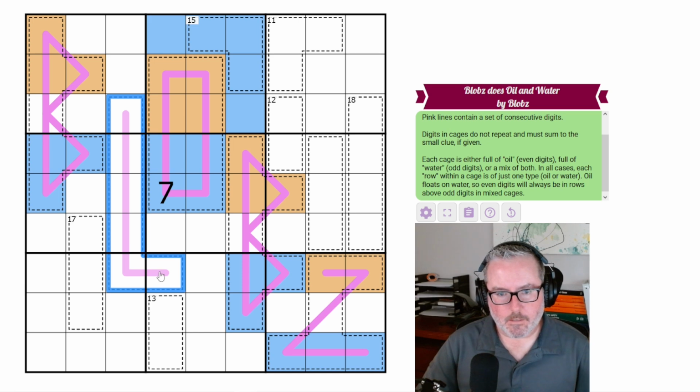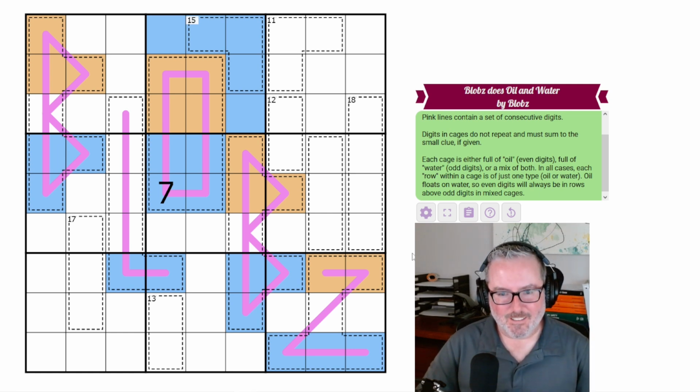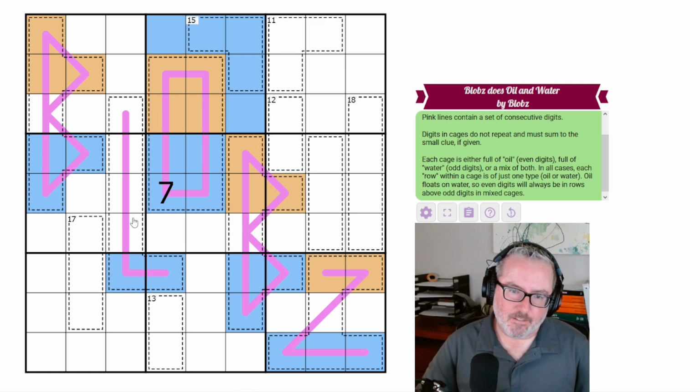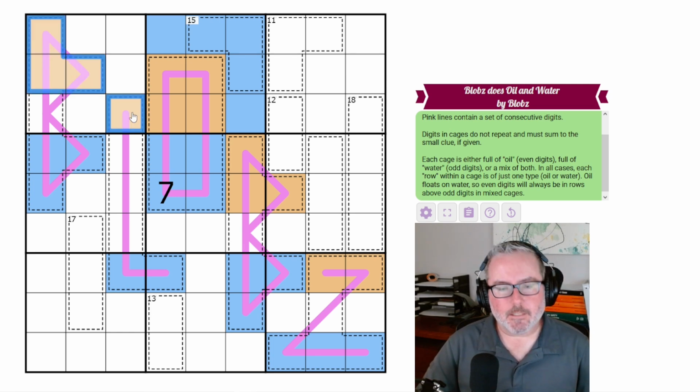Okay, so we have 6 digits here. So we must have these 2 be oil, odd, or water, odd, water. And beyond that, I guess we can say this one has to be an even oil, because we can't ever get that high with our water. So now we are complete here with our even oil.